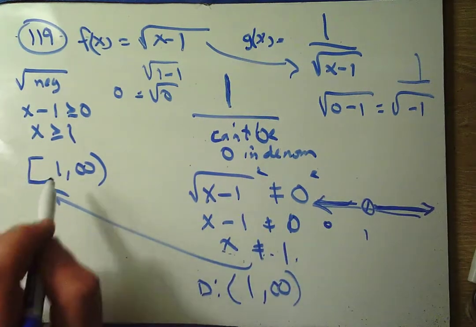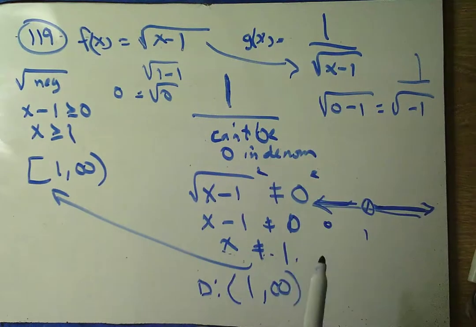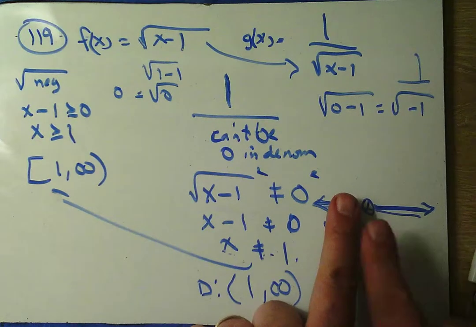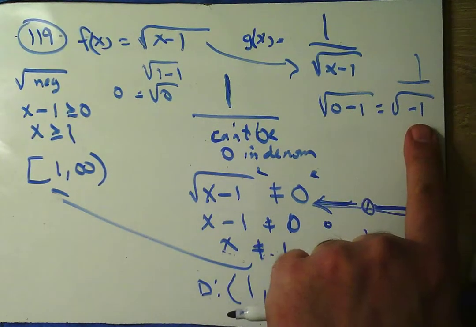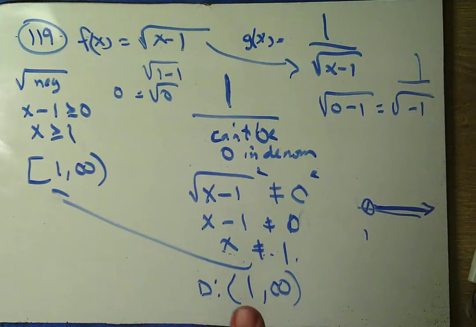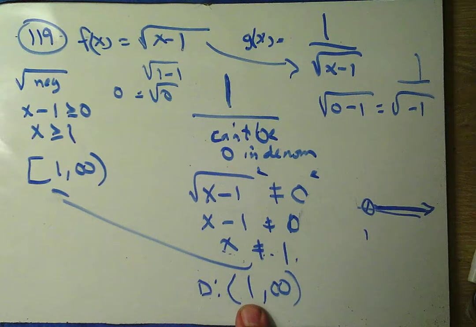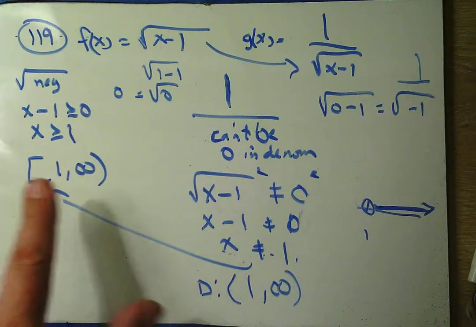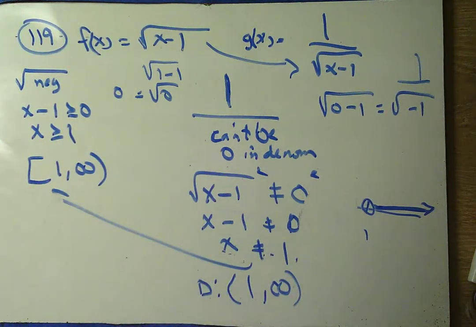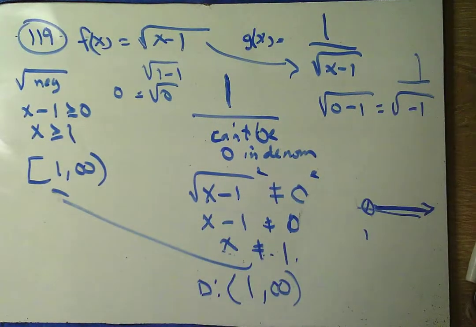Remember, we're taking this domain and we're further restricting it by putting that radical in the bottom. This domain says you're only looking from 1 and above, and here we see why. These numbers are only going to produce imaginaries. So my domain for g of x is parenthesis 1 to infinity, whereas my domain for f of x is bracket 1 to infinity.